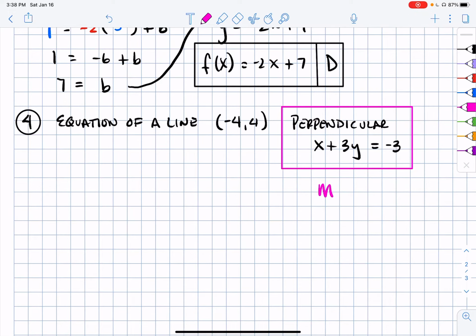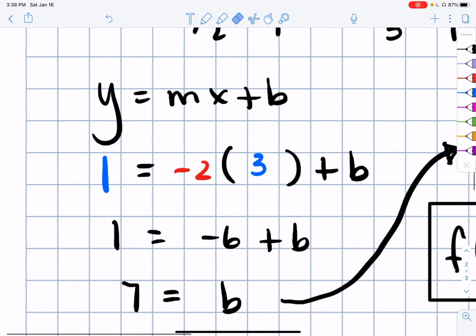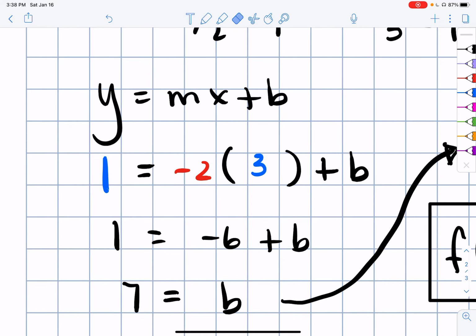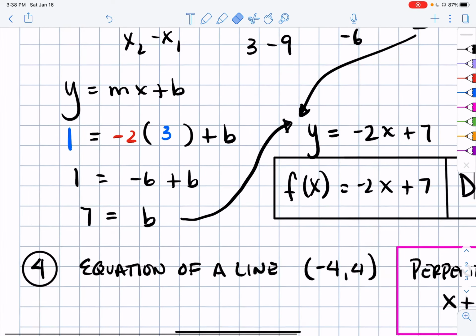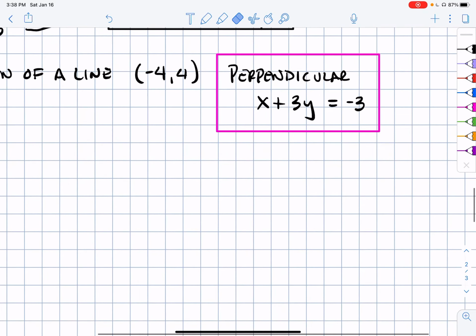In order for me to find the slope of this line, I would just get y by itself because I know y equals mx plus b. If I get y by itself, the coefficient of x would be my slope. So let's get y by itself.